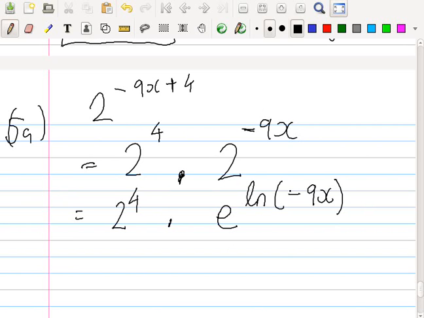Wait, don't write that part down. Right, like that. E and log cancel, so what am I left with on this part here? 2 power minus 9x. So this is the trick to get the e in. You just stick in an e and a log because they both cancel each other anyways.